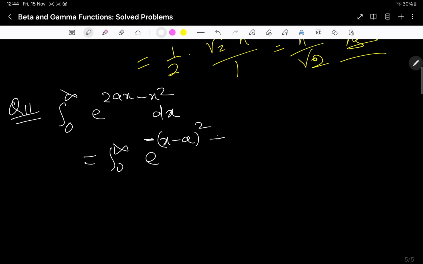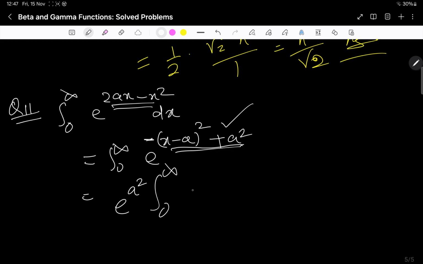So we have a square, we add it here. So if we split it, then it will come 2x minus x square. So now this being a constant, e to the power a square is taken out, 0 to infinity e to the power minus of (x minus a) whole square dx.